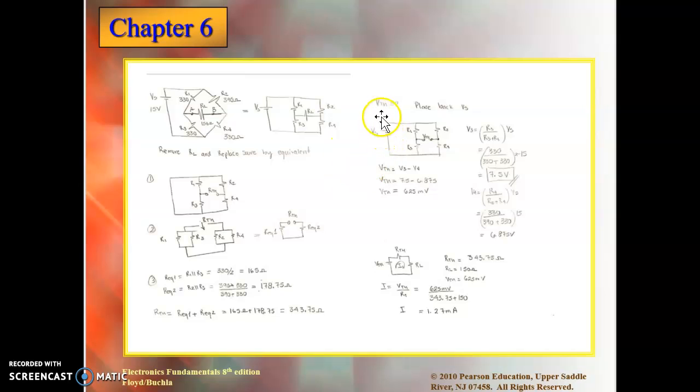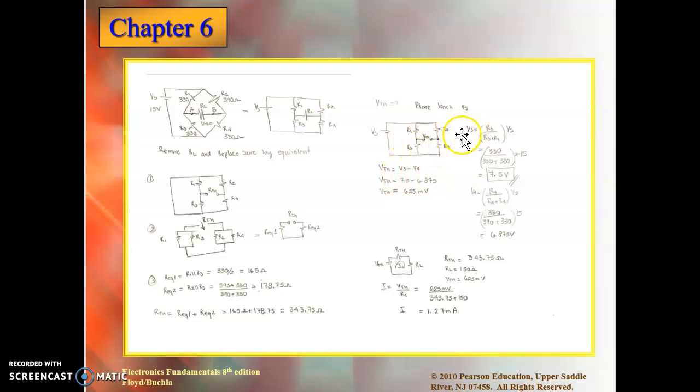Now I have to find V Thevenin. I have to place back the source because I cannot find a voltage if I don't have a voltage connected to the circuit. Again, right here, I know that my V Thevenin is the difference between voltage 3 and voltage 4. So what do I have to do?